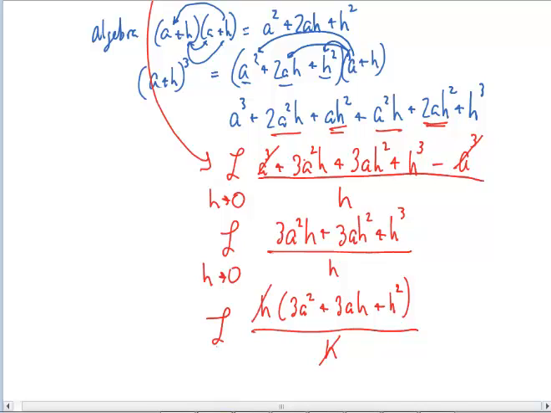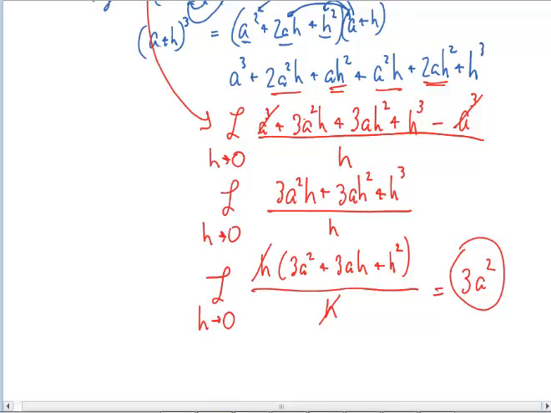That cancels that. I'm going to limit h to 0, and I'm going to get my answer, which will be 3a squared. So the tangent line slope will be equal to 3a squared.